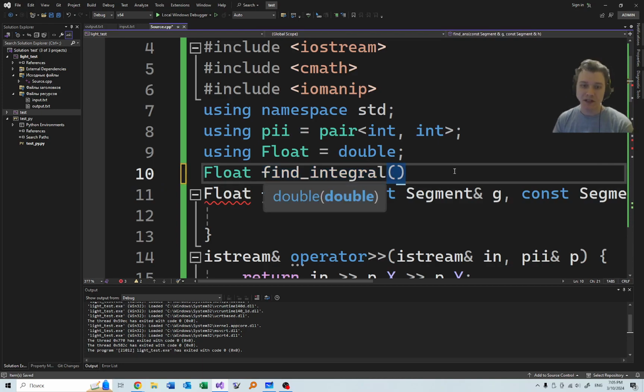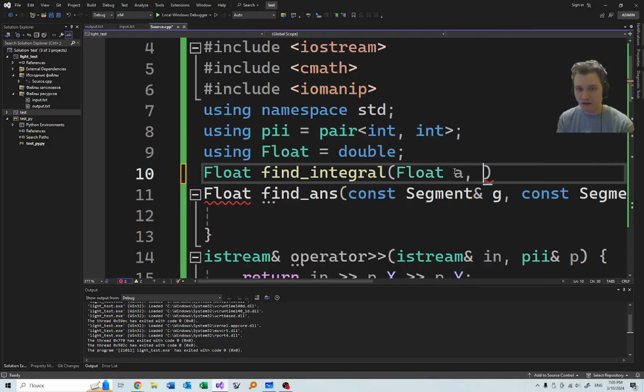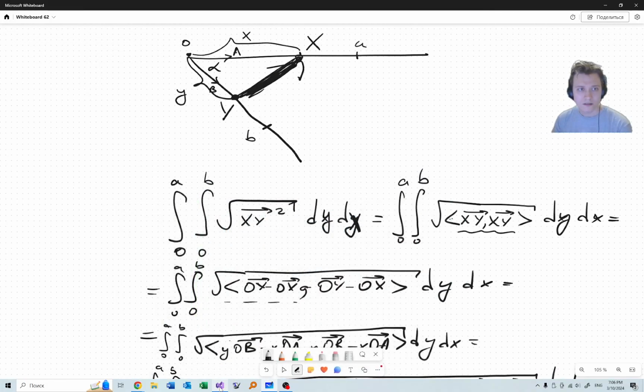So what do we take here? We take a, b, and what? And cosine alpha.